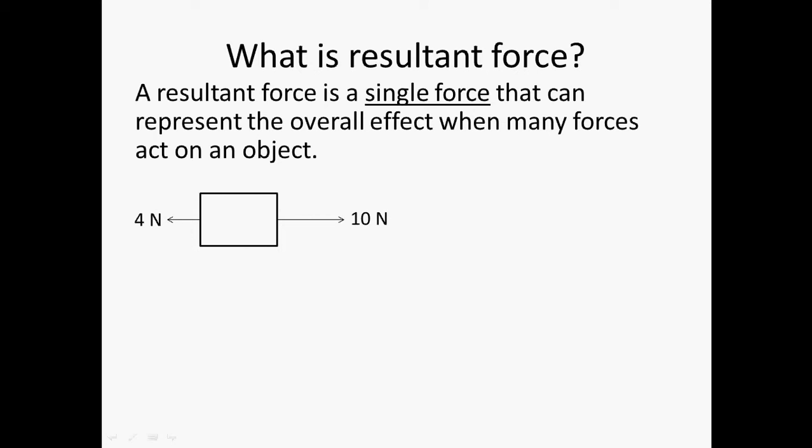If there is a 10 Newton and a 4 Newton force acting on it, the body will definitely move to the right because the 10 Newton is stronger than the 4 Newton. But this effect of accelerating to the right is similar to assuming that you have a single resultant force of 6 Newton to the right. They have the same effect on the body.